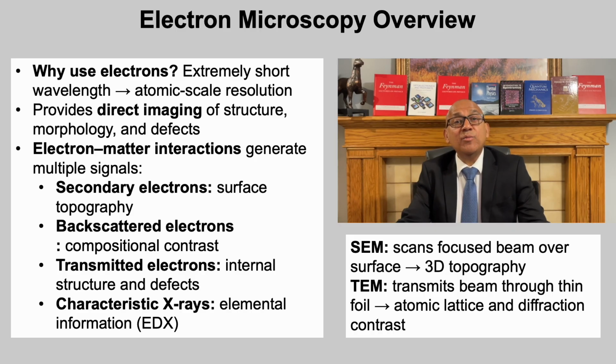In a scanning electron microscope, SEM, the beam is raster scanned across the surface and emitted electrons are collected to form an image of the sample's topography. In a transmission electron microscope, TEM, electrons pass through an ultra-thin foil, typically less than 100 nanometers thick, and the transmitted and diffracted beams form an interference pattern, revealing atomic arrangement, lattice fringes, and defects.